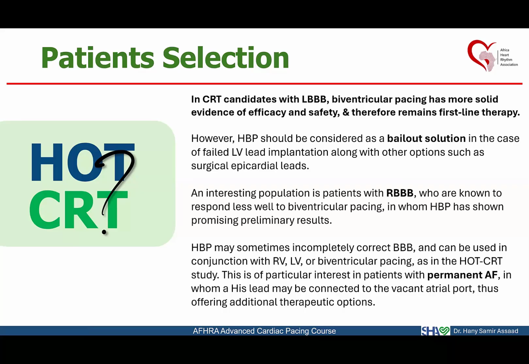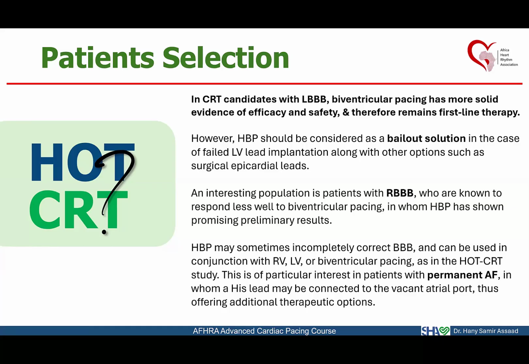And it could also be a way of thinking in patients with permanent AF, since you have a vacant atrial port that you can use for His bundle pacing or left bundle area pacing, in order to offer an additional therapeutic option for these patients.